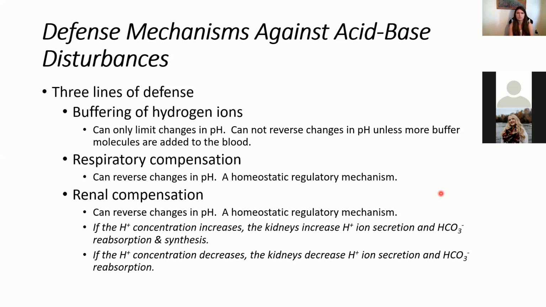Alkalosis would be too low a concentration of hydrogen ions. So they could decrease hydrogen ion secretion, because hydrogen ion secretion is basically how we're dumping hydrogen, so we could conserve it. And at the same time, they would decrease the reabsorption of bicarbonate, because you wouldn't want to bind that hydrogen anymore because you're trying to keep it up.